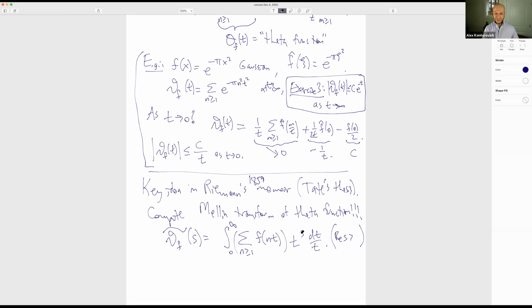So now I have t to the s minus 2, and t to the s minus 2 is integrable near 0 if and only if the real part of s minus 2 is at least -1. Does that sound right?